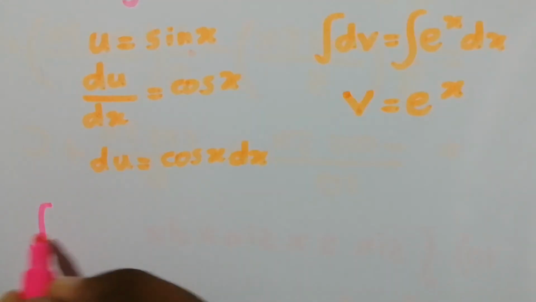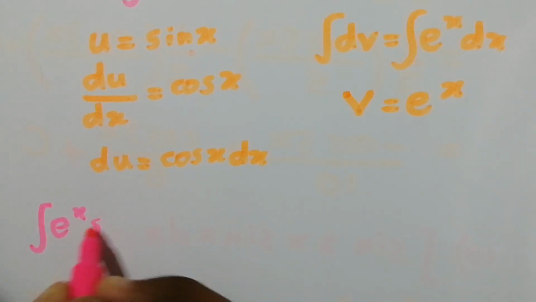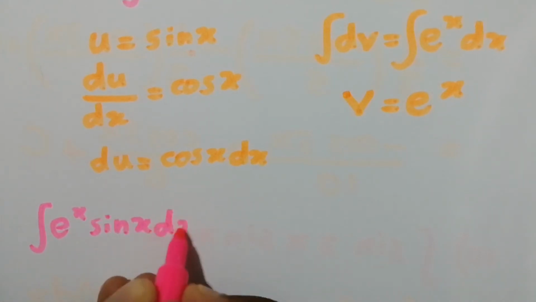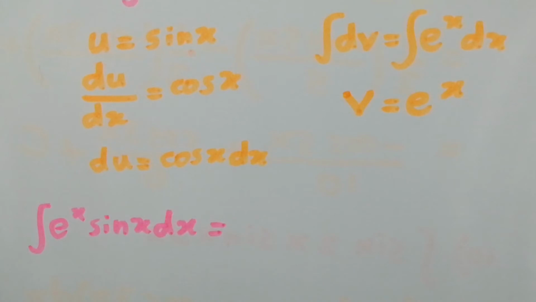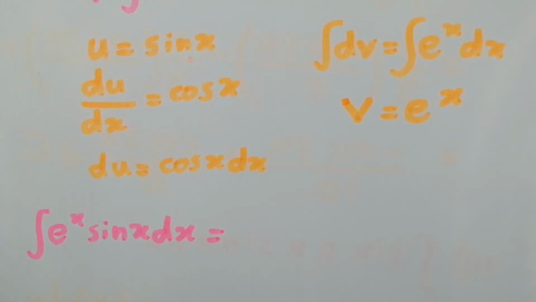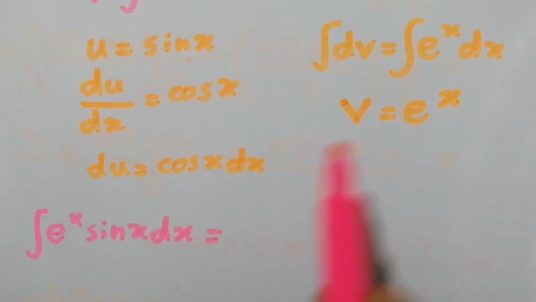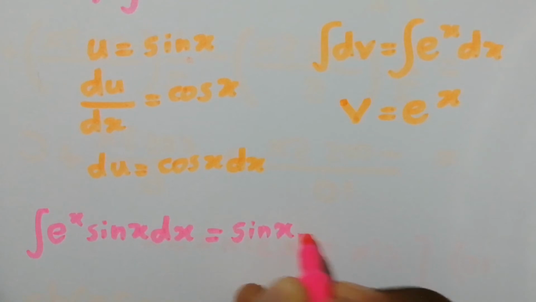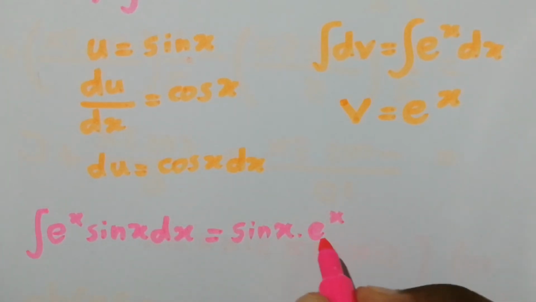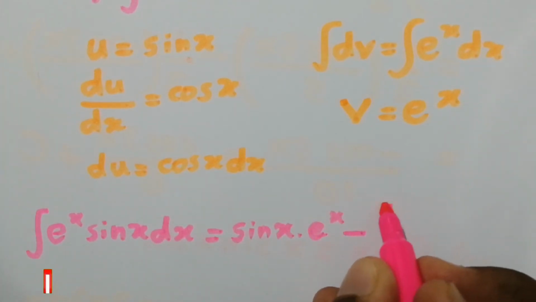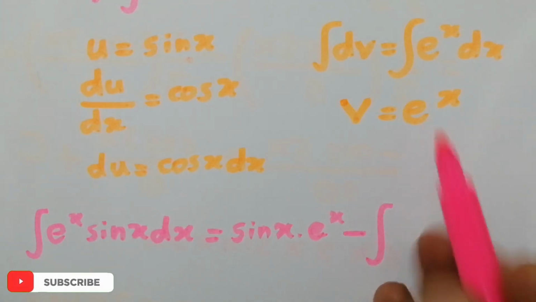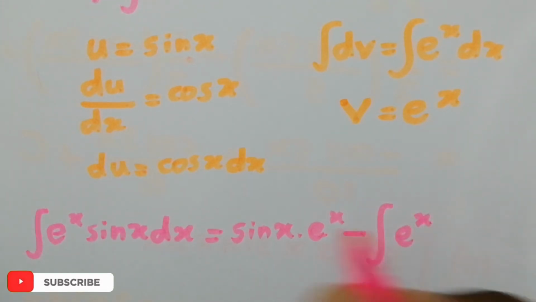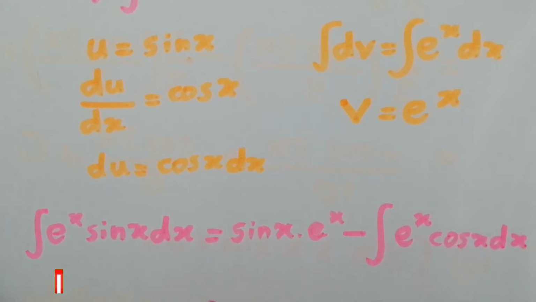Then integral of e^x sin x dx: I have found all the terms u, v and du. Then u times v is going to be sin x times e^x minus integral v du. V in here is e^x times du is cos x dx.